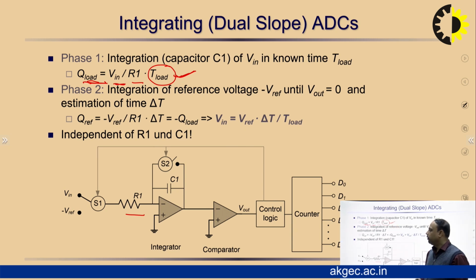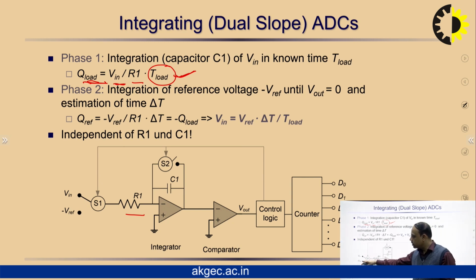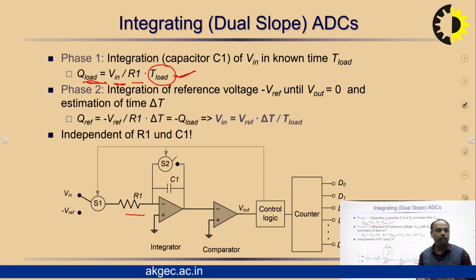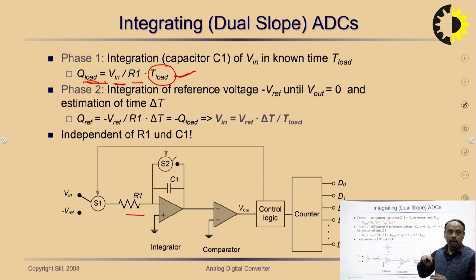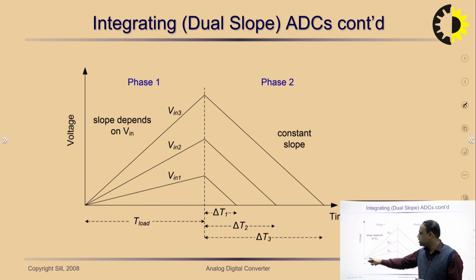And in phase 2, now we switch to the reference voltage, which has a negative magnitude. As in the first case, the constant signal is integrated, it is converted into a slope and it is increasing in a linear fashion, as we can see over here.